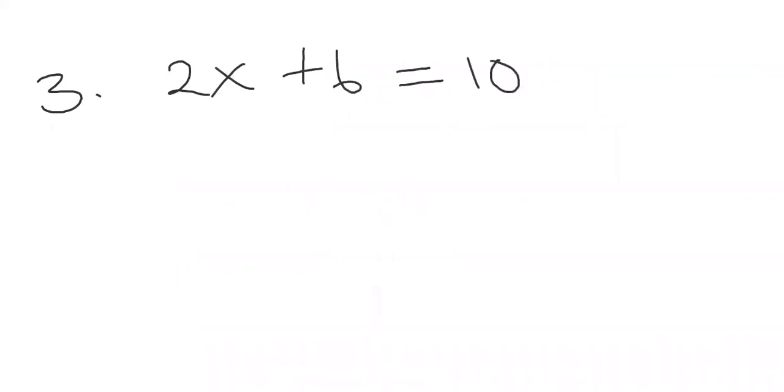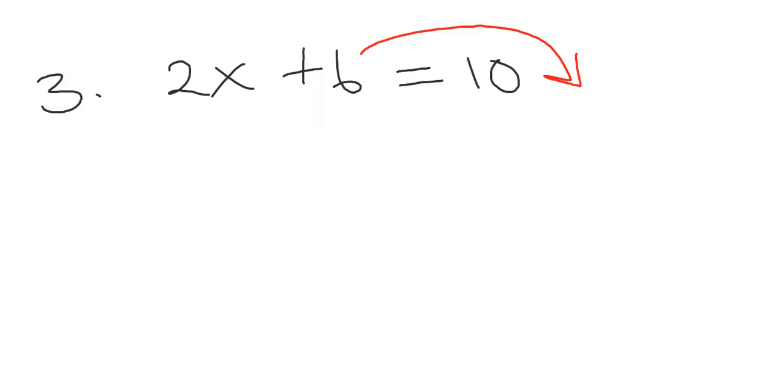Then example number 3, assume we have 2x plus 6 is equals to 10. We do the same thing. We are solving for x. So the first thing, collect like terms. Take your 6 to the side of 10, because 10 and 6, they are like terms.